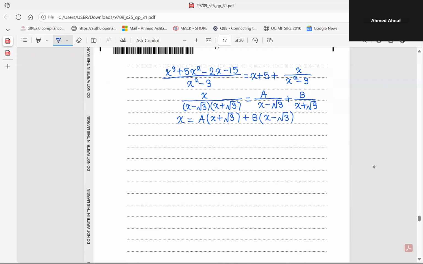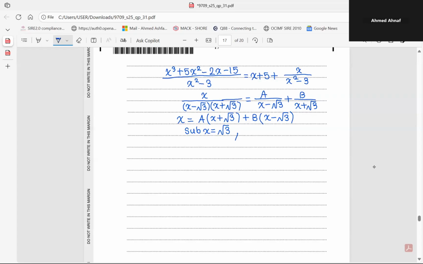Okay, now we have to make one of the factors equal to 0. So one way we can do that is by substituting x equals square root 3, and that would make this x minus square root 3 factor be 0. So we would have no term in B, and we will be able to find A. So let's do that.